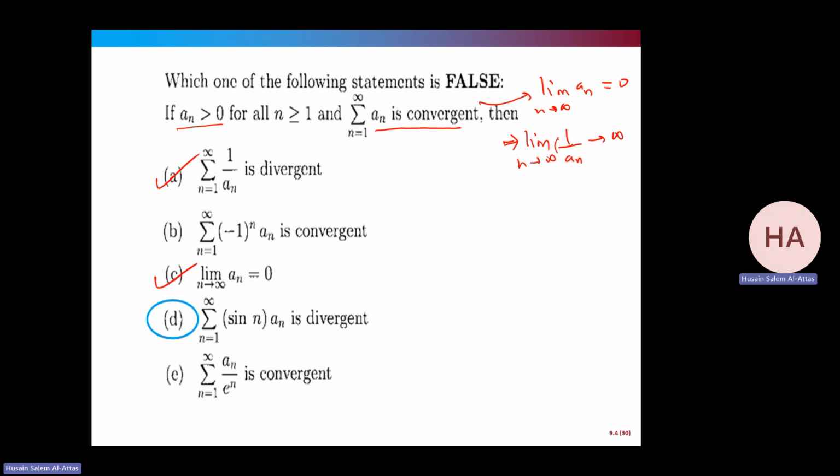Since the n term of this one goes to infinity, it will not go to 0, so it will diverge by the n term test for divergence. Okay. What about this one? This one, I can do it this way. I know minus 1 to the power n an will be less than or equal to an.